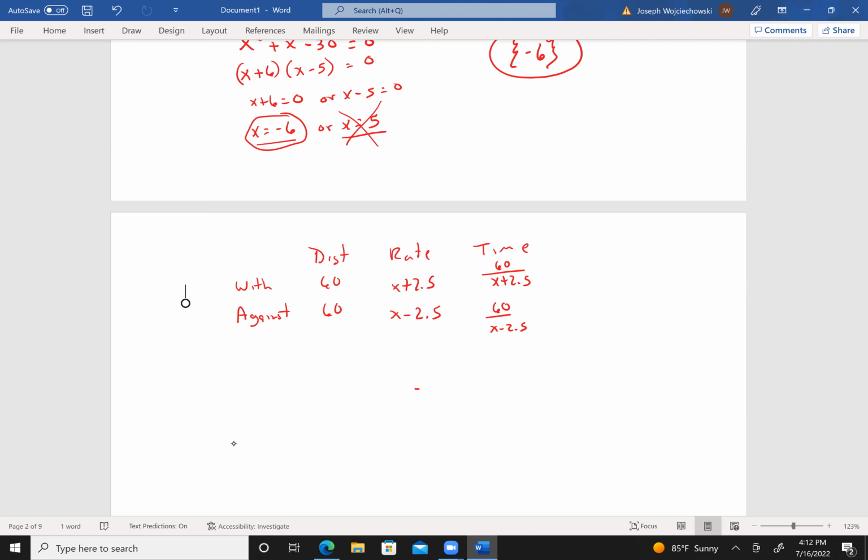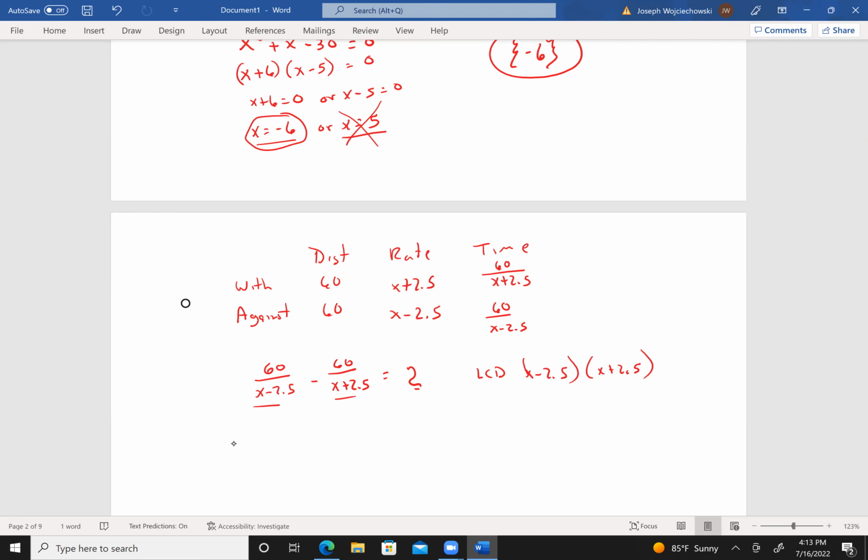So if I take the time traveled that's going to take the longest, the time against the current, and subtract the time with the current, and get the difference of 2. So again, finding my least common denominator, it is x minus 2.5 from here, and x plus 2.5 here.